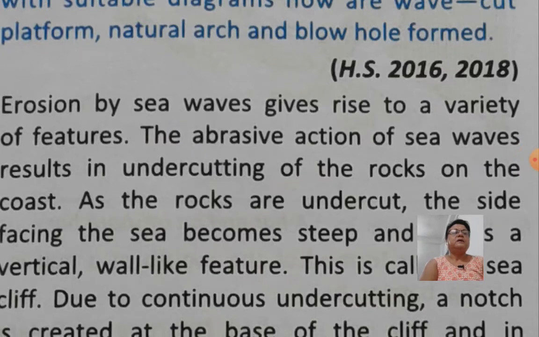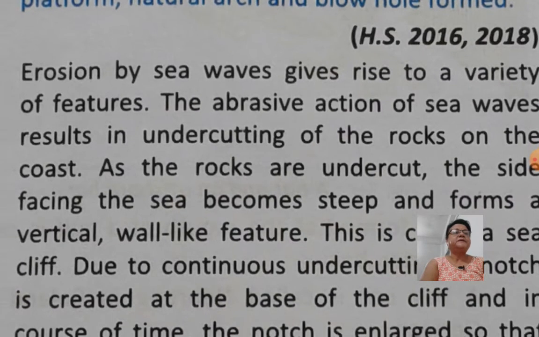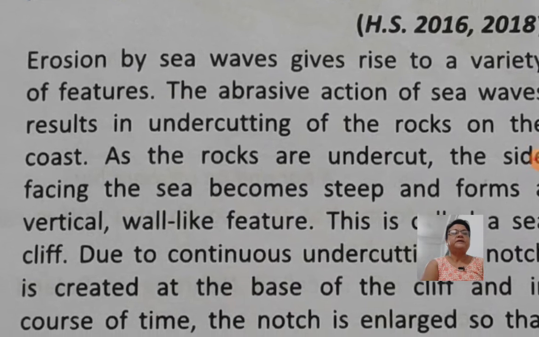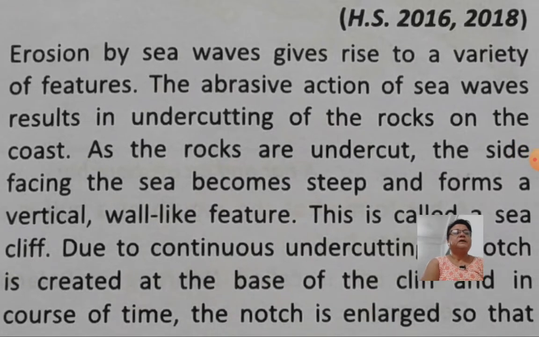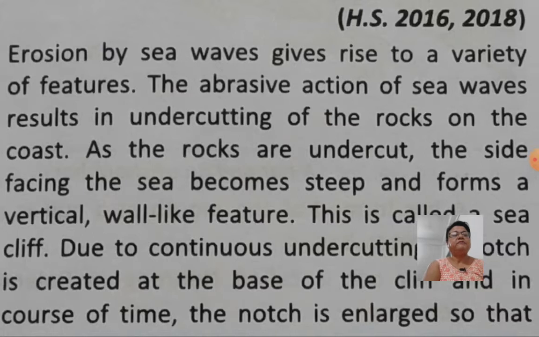Okay, erosion by sea waves gives rise to a variety of features. The abrasion action of sea waves results in undercutting of the rocks on the coast. As the rocks are undercut, the side facing the sea becomes steep and forms a vertical wall-like feature.